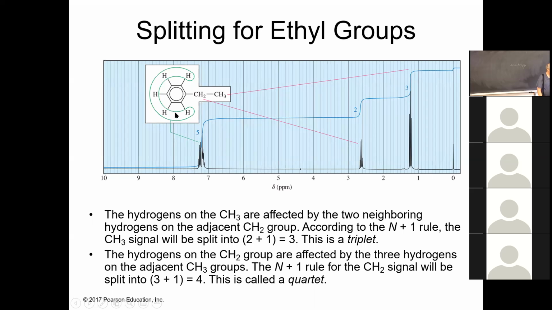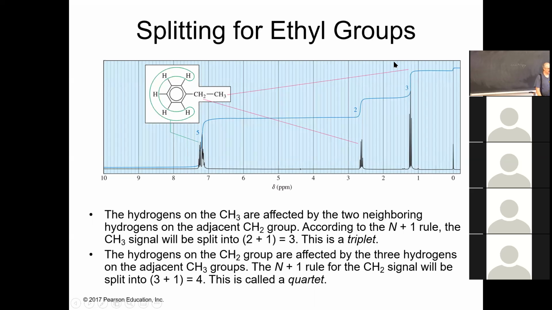These 5 benzene hydrogens are all very similar, and there's a lot of splitting going on. This proton is split by these 2, this one is split by these 2, and so we have a pretty complex pattern.